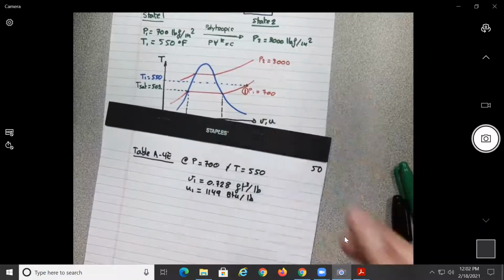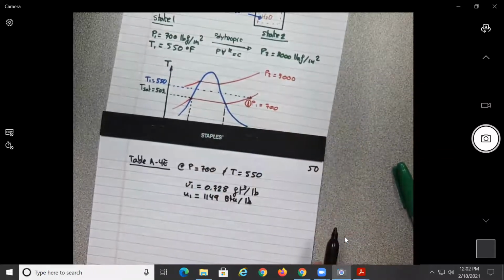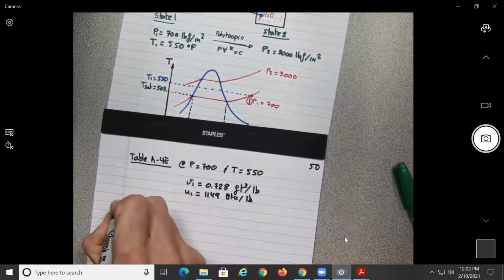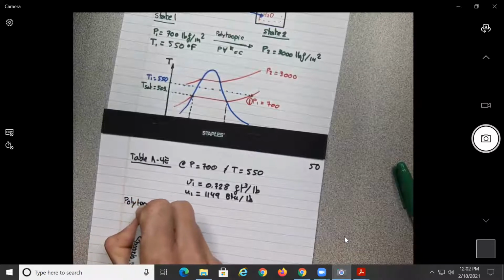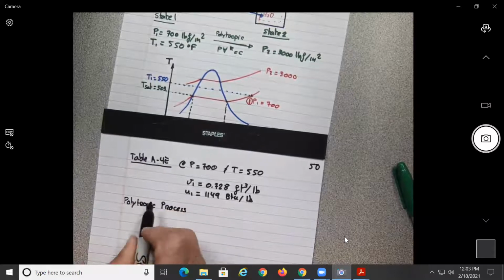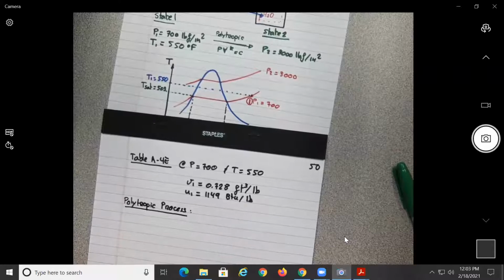All right, so in here, what do we know? This is a polytropic process, correct? So knowing that we have a polytropic process, I can write down what?